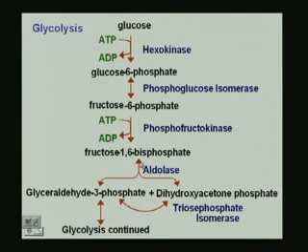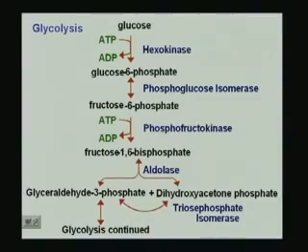The next step now is the breakdown of the 6-carbon to two 3-carbons, and we have aldolase. Aldolase is going to break down fructose 1,6-bisphosphate into glyceraldehyde 3-phosphate and dihydroxyacetone phosphate.